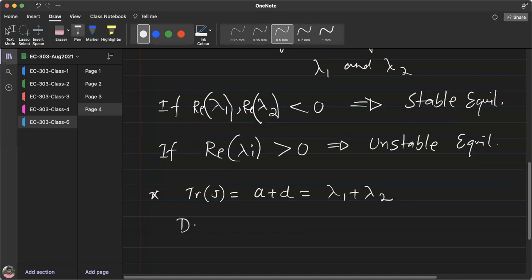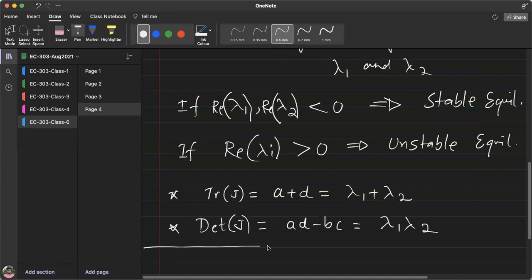On the other hand, the determinant of the Jacobian matrix, which is AD minus BC, will be equal to the product of the eigenvalues. This is just a revision, so please revise these concepts. We'll use them in the practice class.